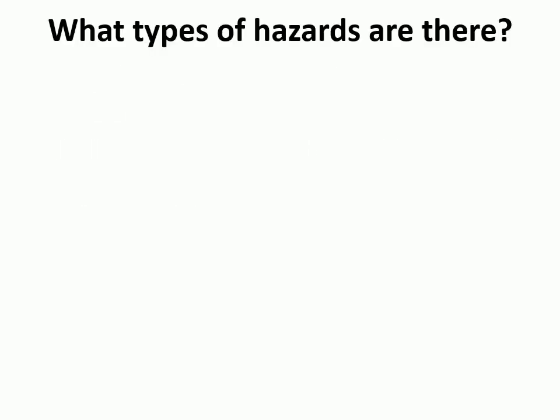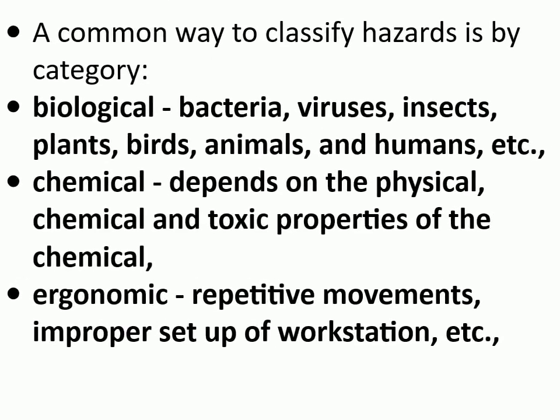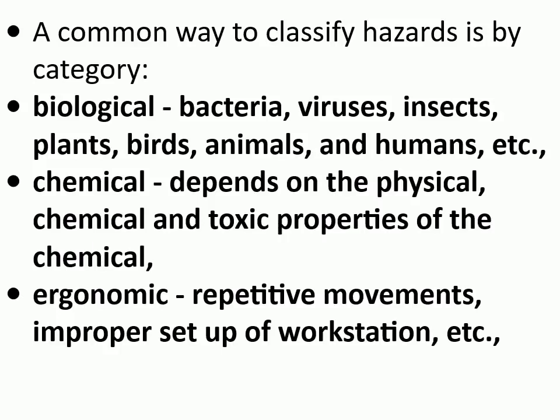What types of hazards are there? A common way to classify hazards is by category. Biological: bacteria, viruses, insects, plants, birds, animals, and humans, etc. Chemical: depends on the physical, chemical, and toxic properties of the chemical.